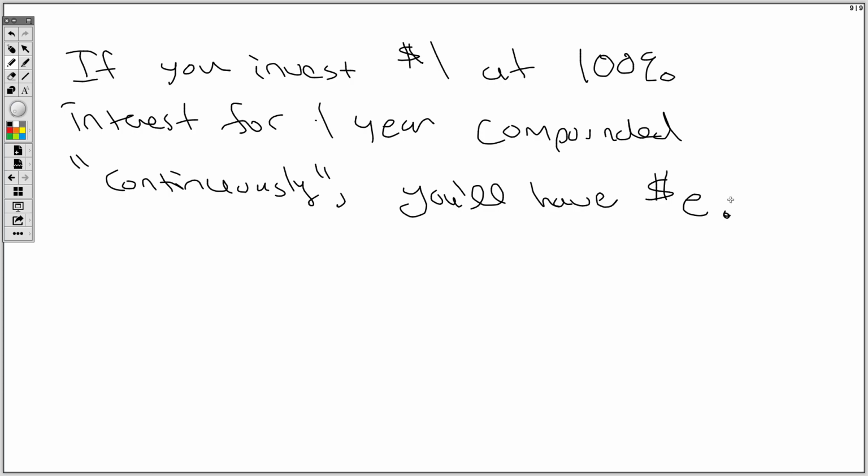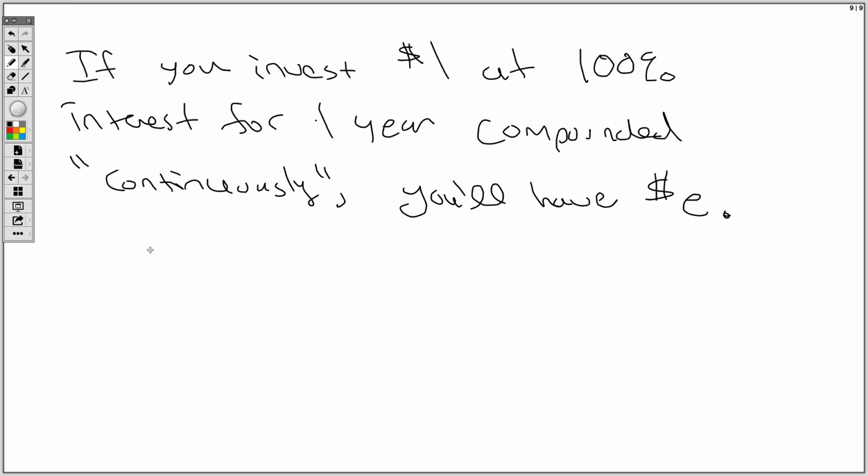So that's how you can think about E. $1 invested at 100% interest for 1 year, compounded, quote unquote, continuously, meaning compounded all the time. At the end, you'll have E dollars.